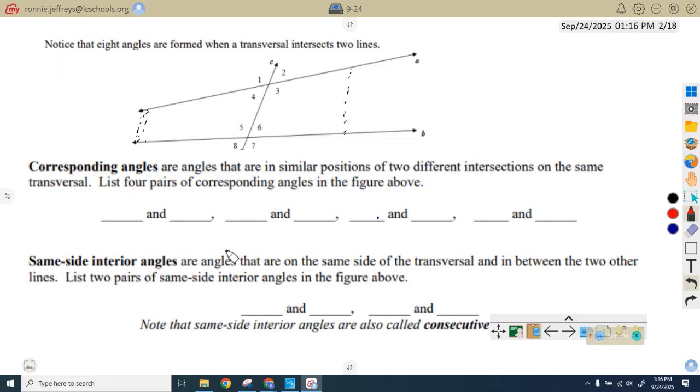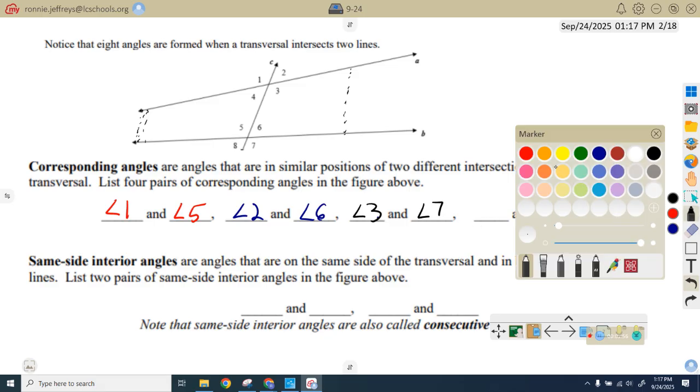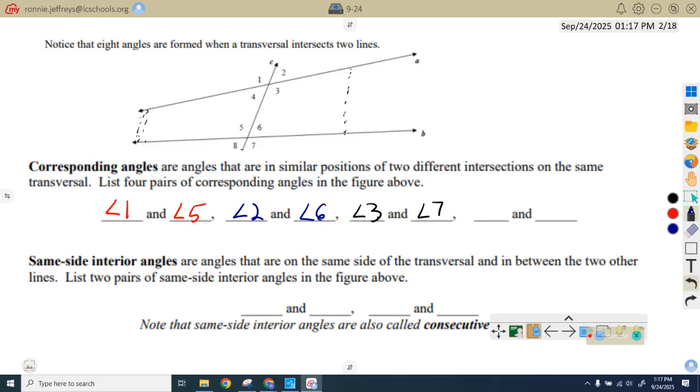Corresponding angles that we'll have here would be angle 1 and angle 5, angle 2 and angle 6, angle 3 and angle 7, and angle 4 and angle 8.